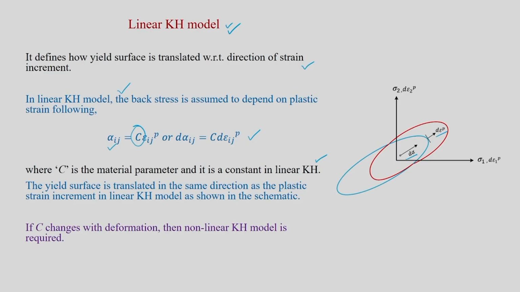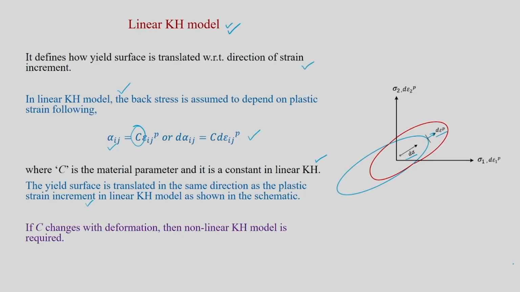It means the yield surface is translated in the same direction as the plastic strain increment, as shown in the schematic. But if C changes with deformation, then you need a nonlinear kinematic model, which is not discussed here.